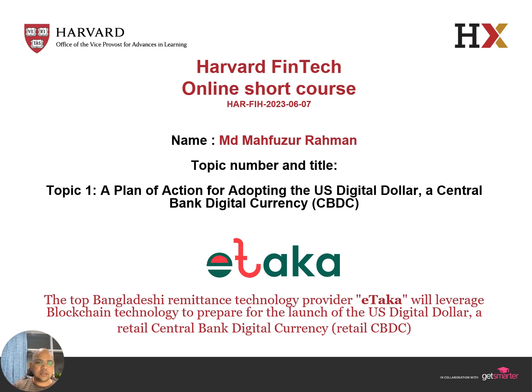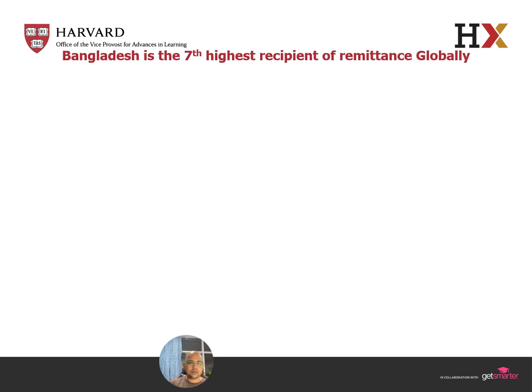Moving to the next slide, where we start our discussion. According to the World Bank, Bangladesh is the 7th highest recipient of remittance globally.